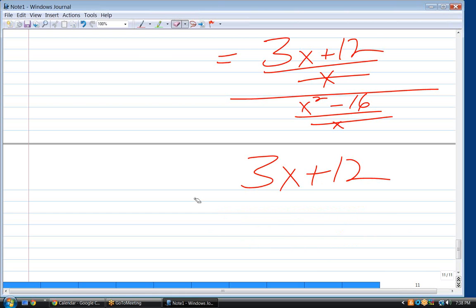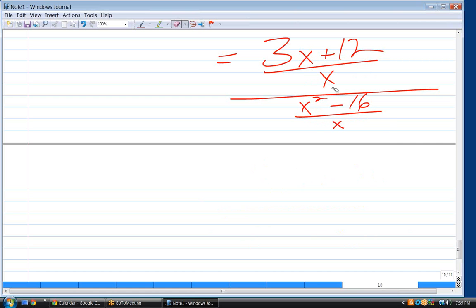I can only do that if I have the same denominators. In other words, if the denominator of the numerator is the same as the denominator of the denominator, then I can reduce that instantly by just doing that.